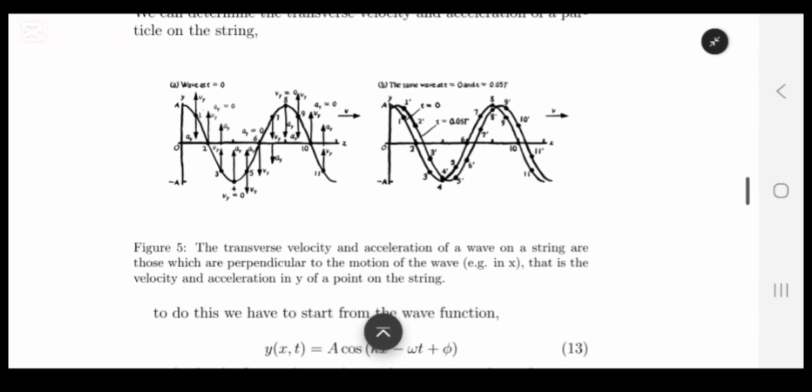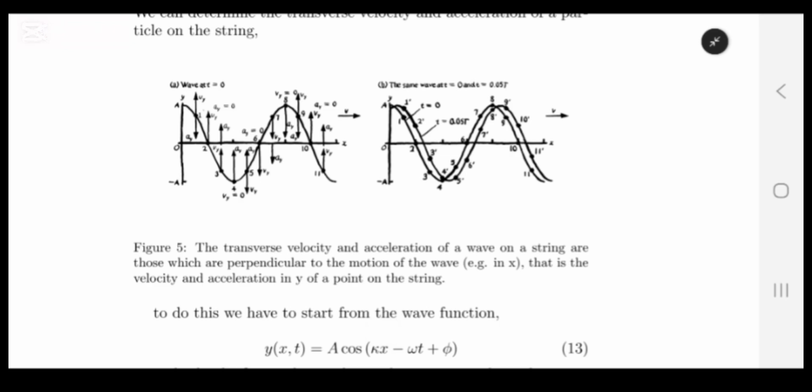And that's based on our wave function. We know we have some cosine function, and at each point, the particles are going up and down on the string with some velocity and acceleration. So we can figure out the velocity and acceleration of these points at any point by taking time derivatives, just like we did before.